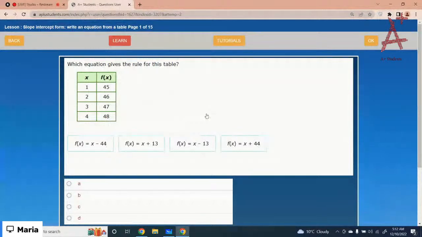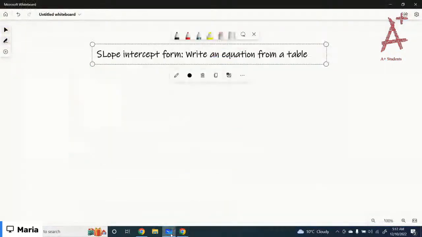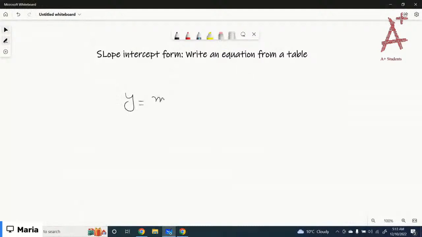Got it? You have to do the same thing. The equation in slope intercept form is y equals mx plus b. Find the slope and find the y-intercept.